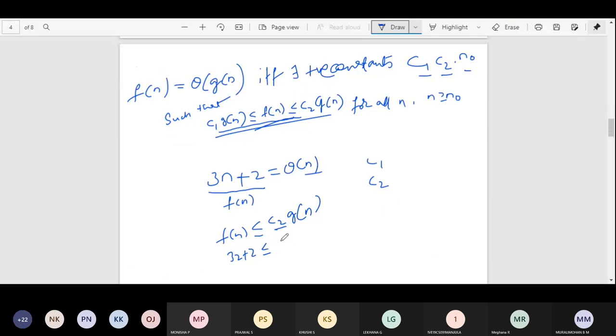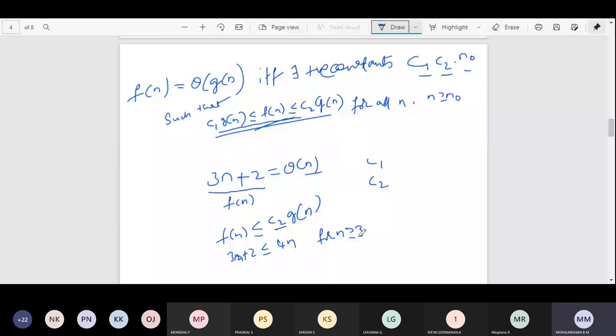Can we take this as 4n? Yes, sir. So for what values of n here? If I take 1, 3 plus 2, 5 is not less than 4. So n is greater than or equal to 3, right?